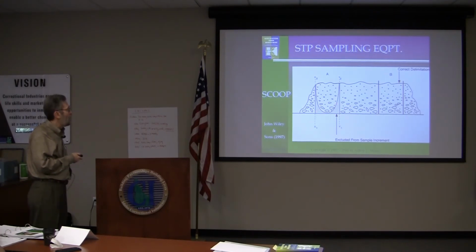That's not good, especially if you have segregation for whatever reason, you're missing the big stuff down here and you're getting more. A lot of times in environmental work, the contamination tends to stick to the clay particles, the finer particles, so you will bias high in that situation.